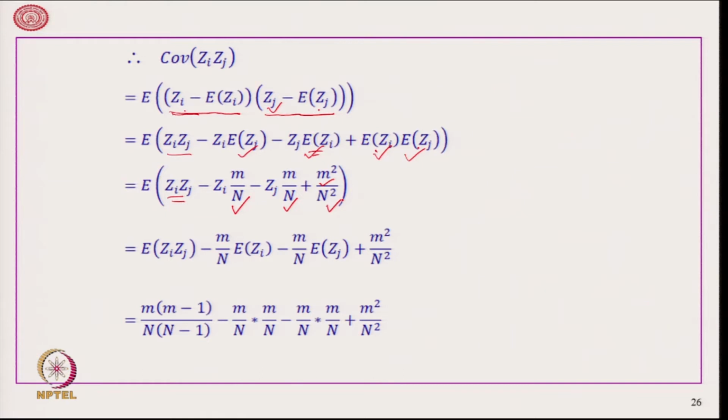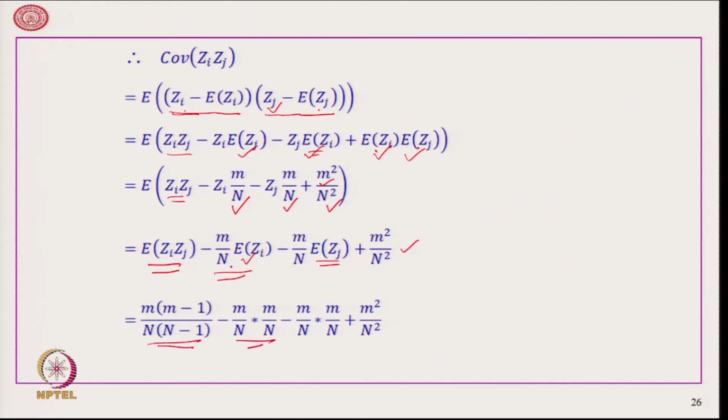Now, by linearity of expectation, this is equal to expected value of Zi Zj minus m by n times expected value of Zi minus m by n times expected value of Zj plus m square upon n square. This we have already calculated.